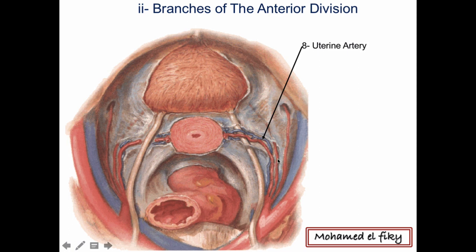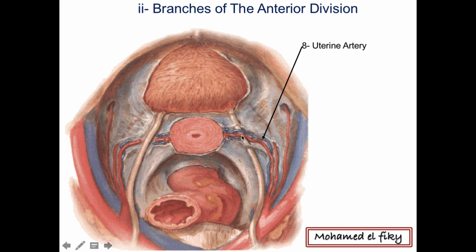From the lateral pelvis, it crosses the pelvis to reach the uterus. The uterine artery crosses in front of the ureter. This is the ureter, this is the urinary bladder, and this is the uterus, cut here. This part is the uterine artery, and this is the ureter.